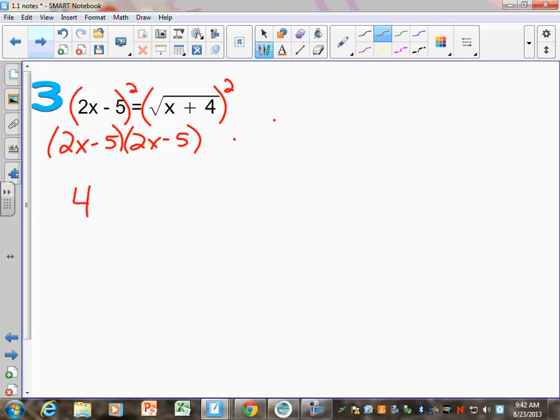So we get 4x squared, I'll just show my work here, minus 10x minus 10x. That's minus 20x plus 25. And then over here, when you take a square root and you square it, those undo each other. So you're just left with x plus 4 on this side. And so what we've created is now another quadratic that we should be able to solve.